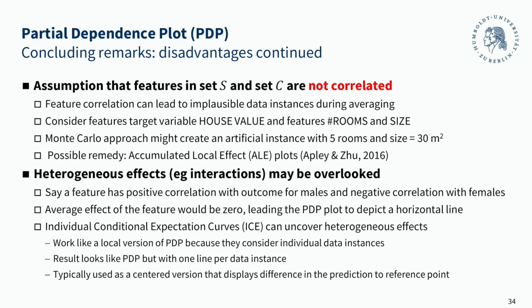So for example, if you have a model that tries to predict the value of some apartment, and you have features like number of rooms and size of the apartment, clearly there is a correlation. But now, if you naively produce a PDP, maybe you have an apartment there that was 30 square meters in your data. Why not? Why should you not have an apartment in your data that had 30 square meters? Well, when in Berlin, I live in one of these. So clearly that's a possible value.